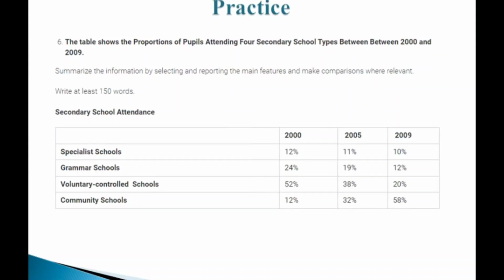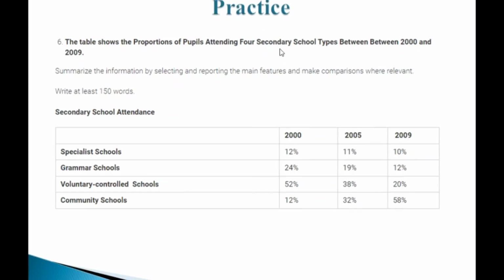You can use any of these words in place of shows. The proportion is actually the percentage, the unit, so proportion will be replaced by the contribution or the percentage. Simply, you can say the percentage. Secondly, pupils can be replaced by students.